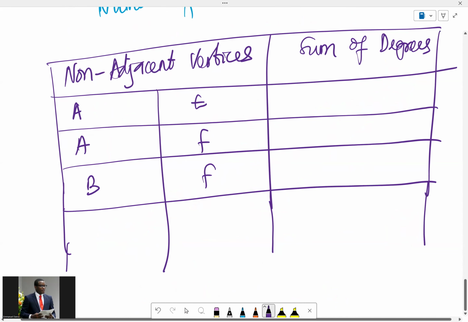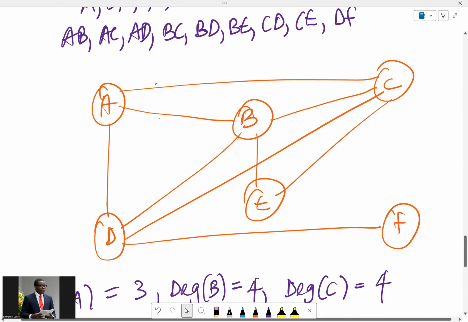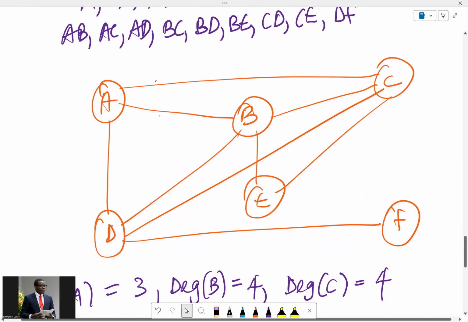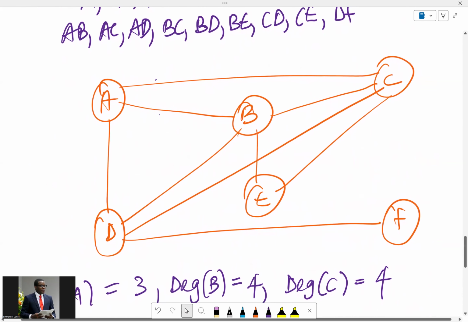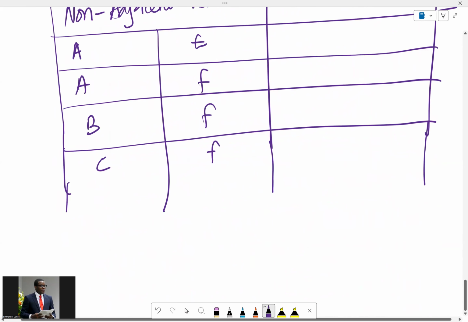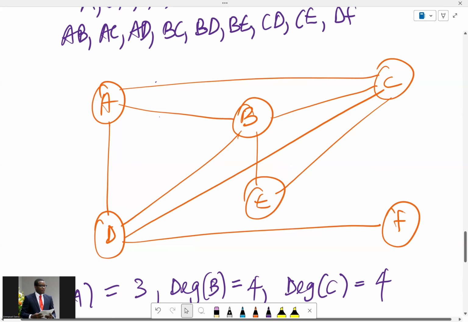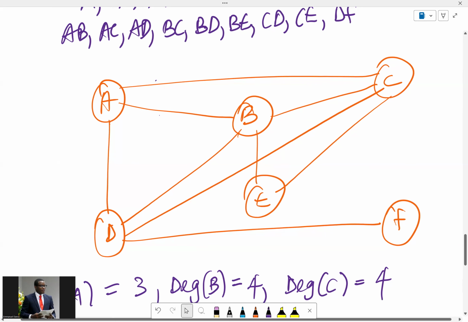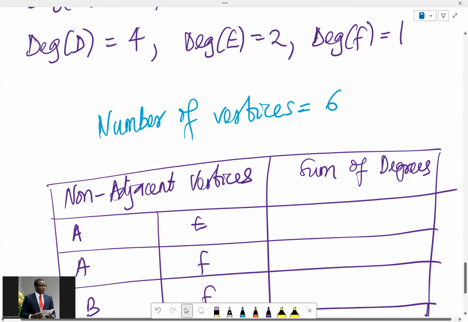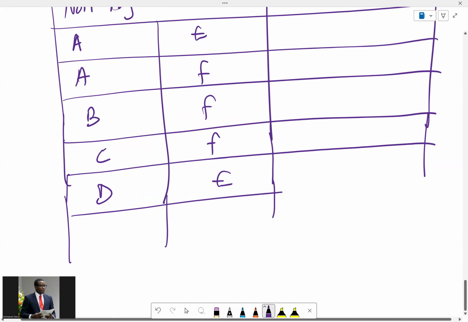Then we go to C. C is adjacent to A, B, D, E. So it's only not adjacent to F. So we have CF, no connection with F. Then when we go to D, D is connected with A, B, C, but it's non-adjacent to E and F. So we have DE and we also have DF.